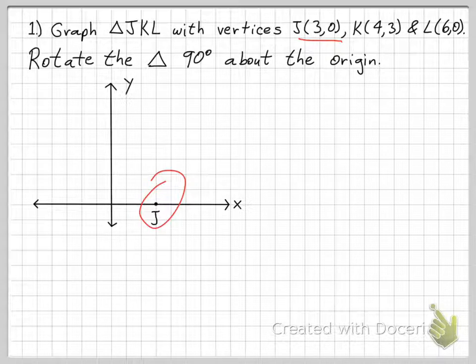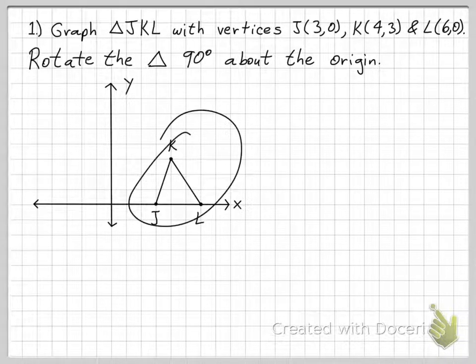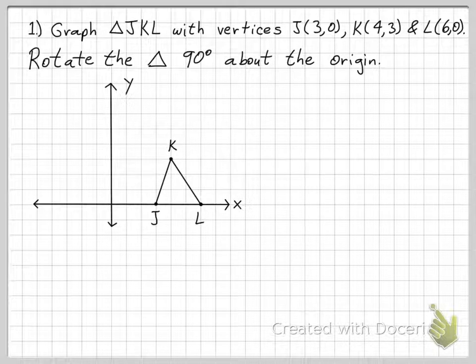Next I will plot point K, which is (4, 3), and then point L, which is (6, 0). I should probably label that. Okay, that's point L, and then I drew the triangle. So that's my preimage, JKL.